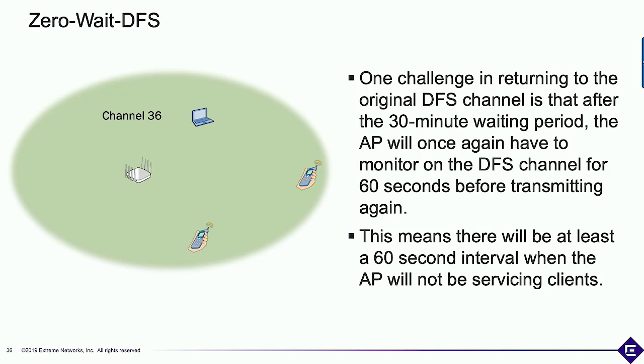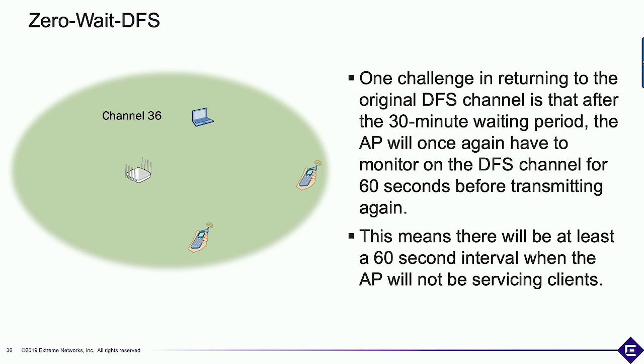There's something called Zero-Wait DFS. There are different ways this could be done, but Broadcom is a chipset vendor for a lot of vendors' APs, including Extreme. Zero-Wait DFS was initially defined as a method to, while you were on one DFS channel, listen to another DFS channel using a separate radio chain.